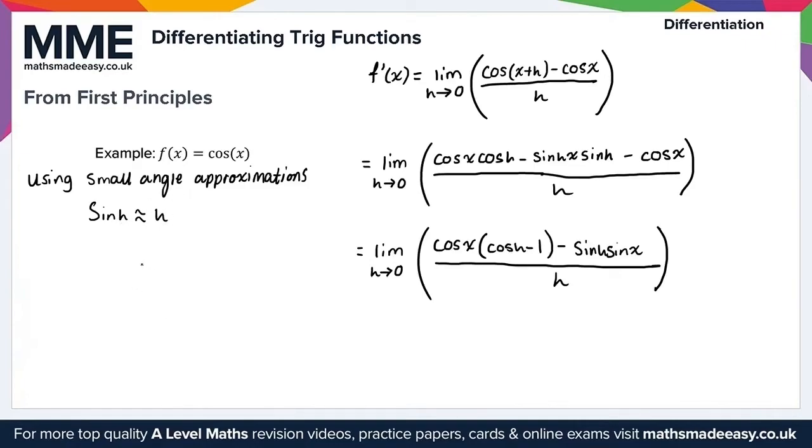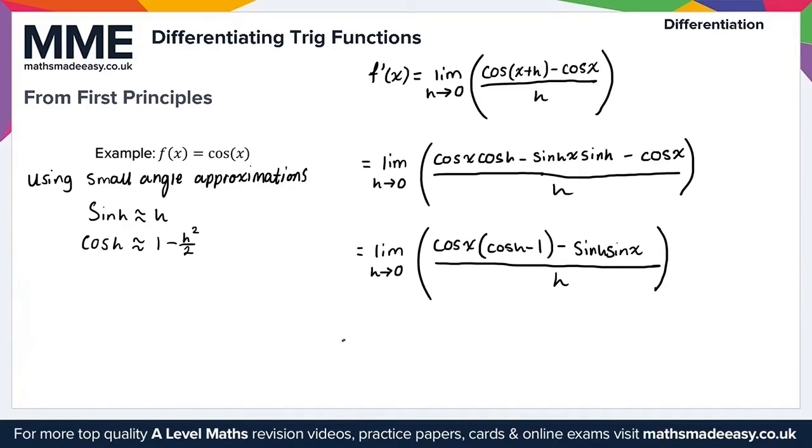And we also have cos of h, so cos h would be approximately 1 minus h squared over 2, or 1 minus a half of h squared. So all we need to do now is use these small angle approximations with this line of working. Cos h is 1 minus h squared over 2, so that's 1 minus 1, which cancels. So all we simply get here is minus h squared over 2 times cos x.